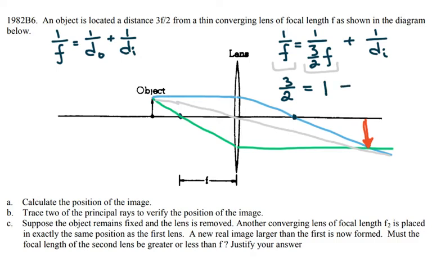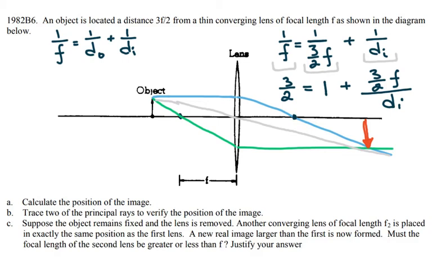And if I multiply the last fraction by 3/2 of the focal length, I will have 3/2 of the focal length on the top, and di is still at the bottom of the fraction. Then I'm going to subtract 1 from both sides of the equation.